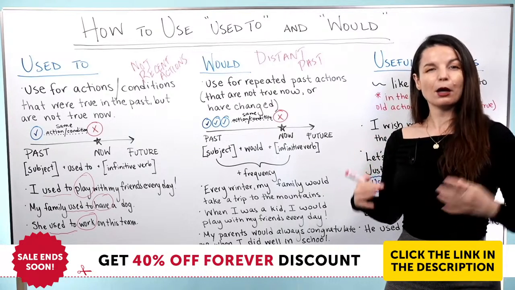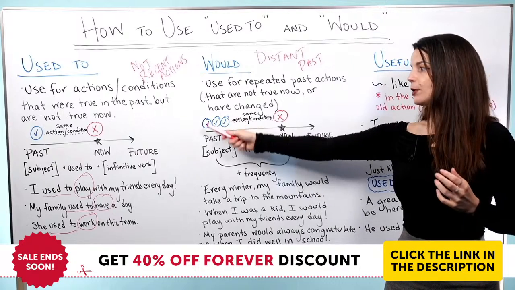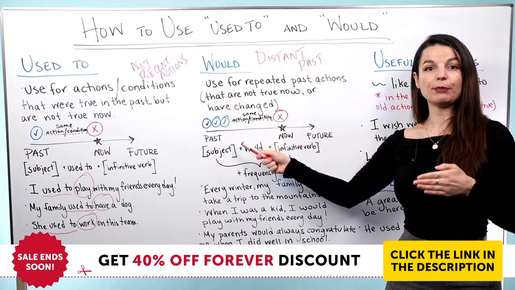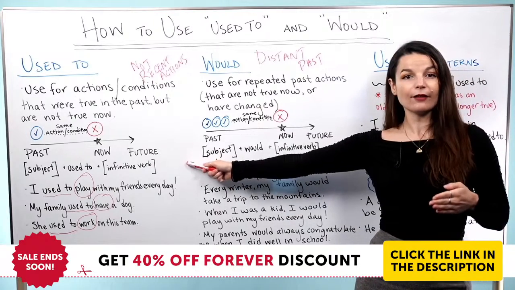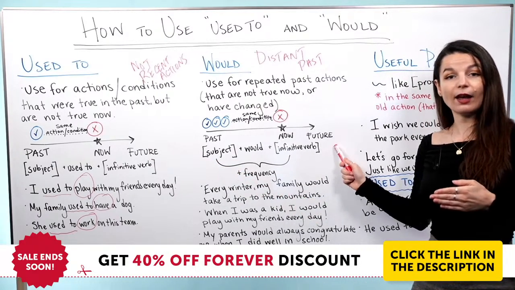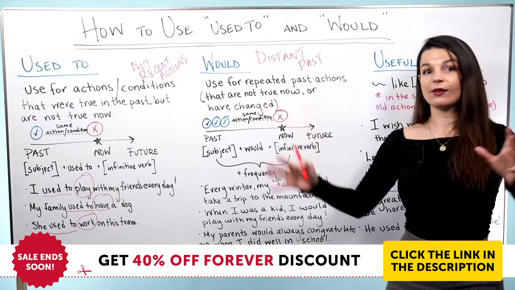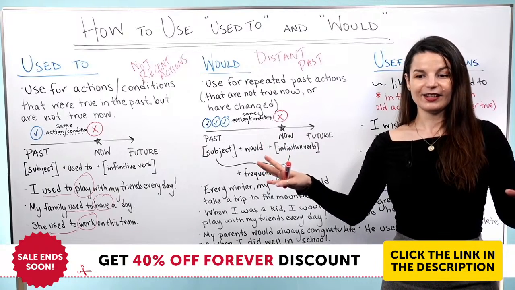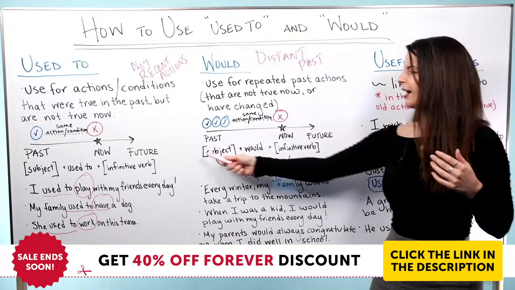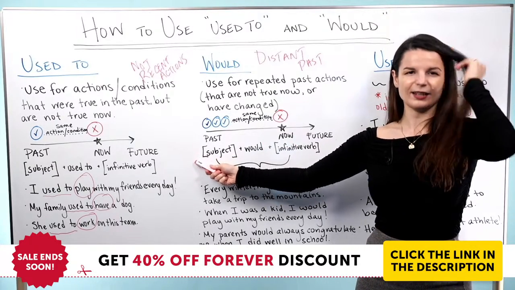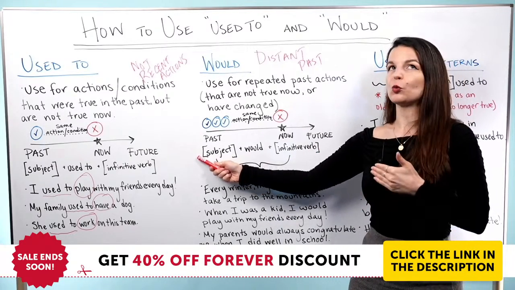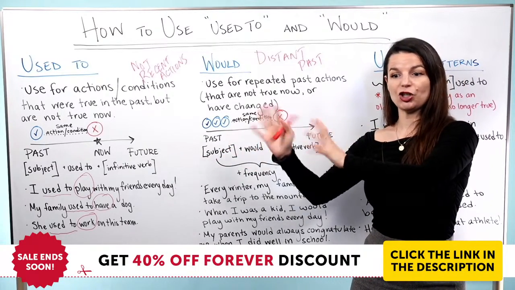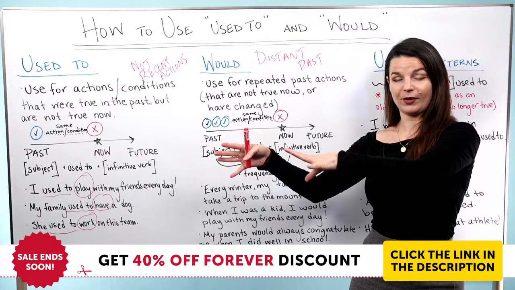We need some information about how often you repeated the action. We can put this at the beginning of the sentence, or we might put it at the end of the sentence. This is very flexible, okay? For me, I often put it at the beginning, because it often feels like a story, if I want to give the person the information about the time first.